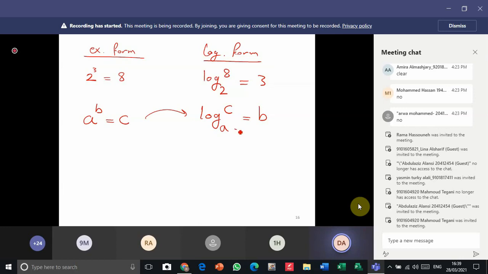Look at this: a to the power b equals c. 2 to the power 3 equals 8.